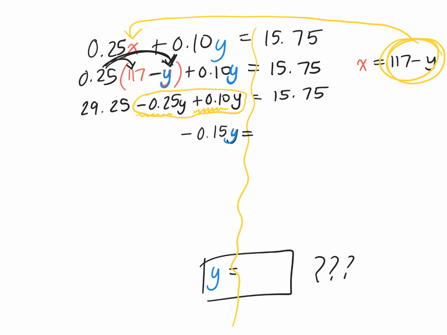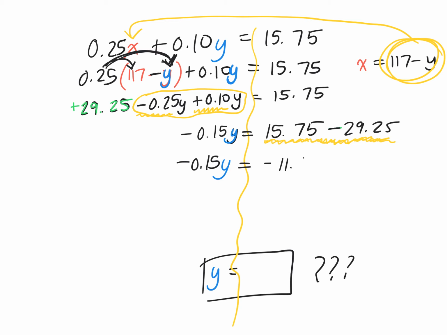Okay, that's equal to 15.75, but what about this plus 29.25? What does that become when I move it to the other side? Negative 29.25. Can you simplify this? We're left with negative 0.15y on the left side, and on the right side we do 15.75 take away 29.25. What do you get?